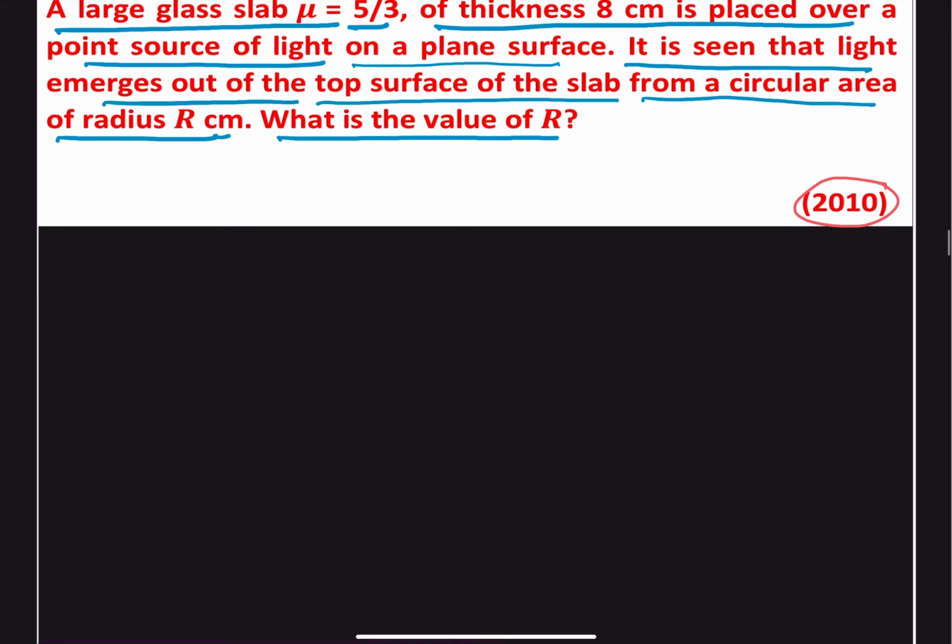So we can draw an approximate diagram for that. Suppose this is our glass slab, and we have a point source that is kept somewhere here, and it says that the light emerges at the top surface in the form of a circular area.